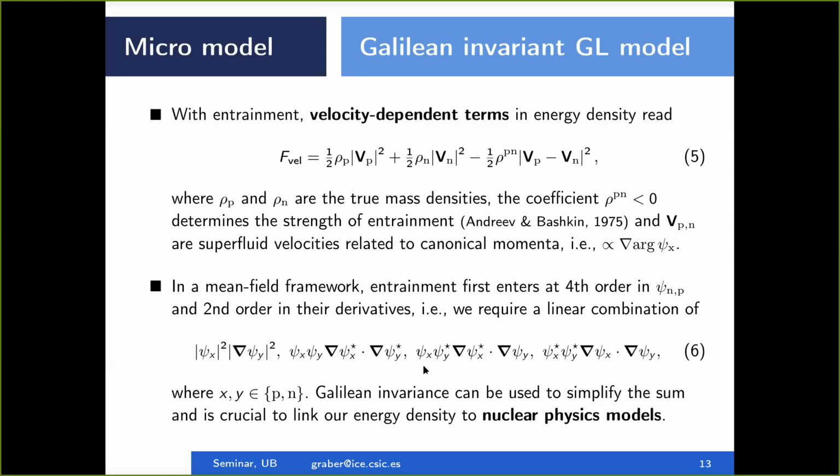So essentially what this means is we need terms that are sums of all of these individual contributions. Okay, so we have a huge page-long energy density, and if we require that things are eventually supposed to look like this, we can essentially simplify the sum in a specific way, which we basically did, and we needed this step to actually be able to link this to some of the nuclear physics models that we wanted to use.